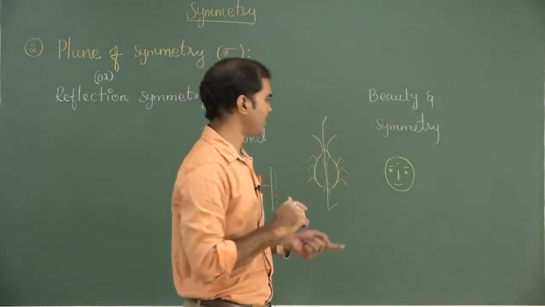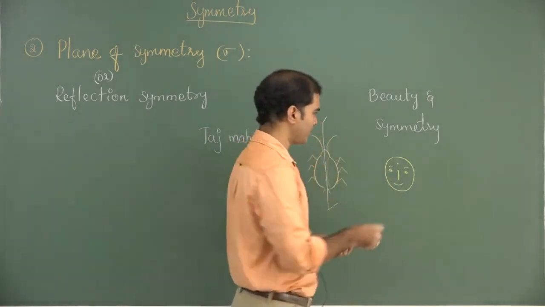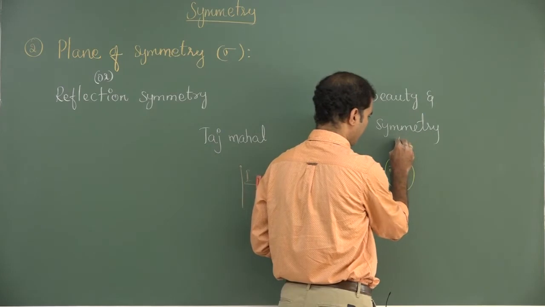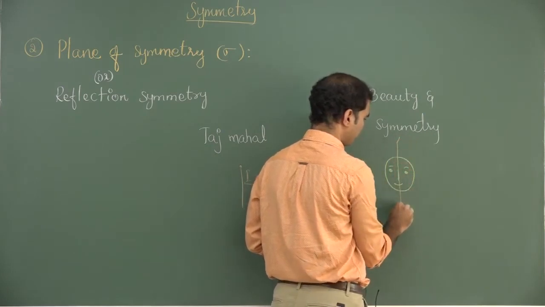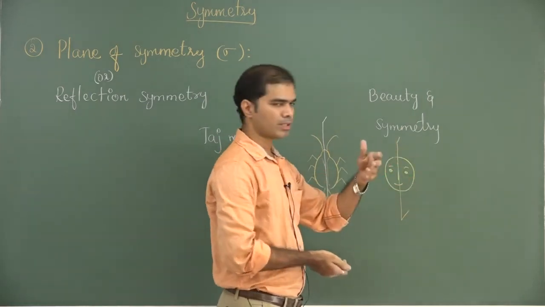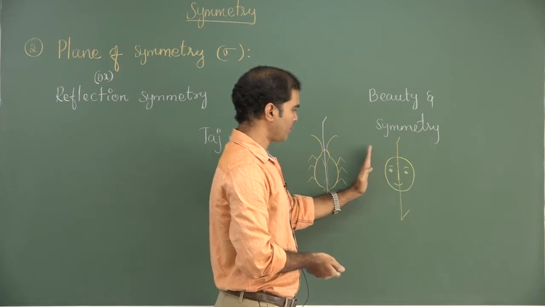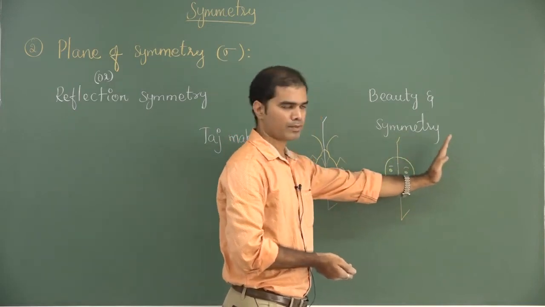So what they have done is they have taken the image of those Miss Worlds or Miss Universes, and they have passed imaginary planes. And once you pass an imaginary plane, you can also do it in Photoshop if required. This is one half, this is the other half.